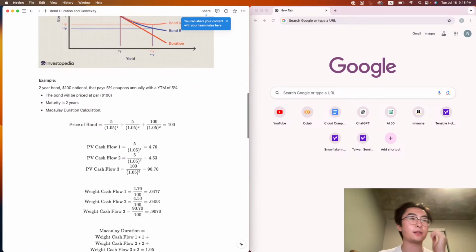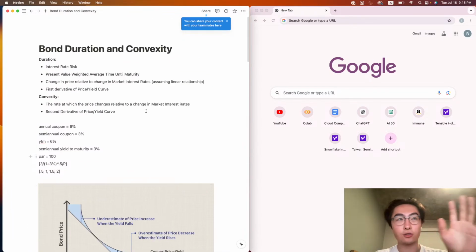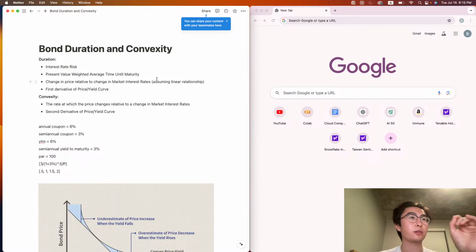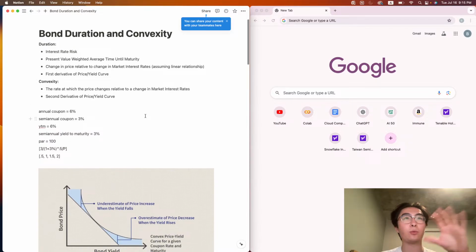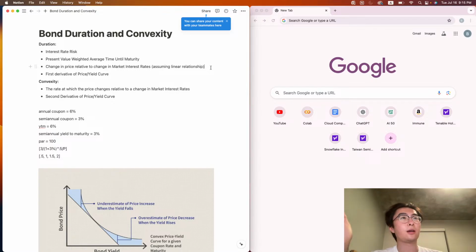Okay, yeah, that's good. Now, let's just go on to the third one. Change in price relative to change in market interest rates, assuming a linear relationship. What I mean here is, you can think of duration as if market interest rates were to move 1%, let's say upwards, then your bond price is going to decrease by the duration.